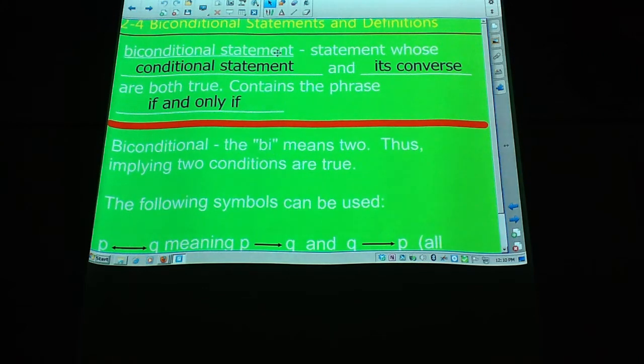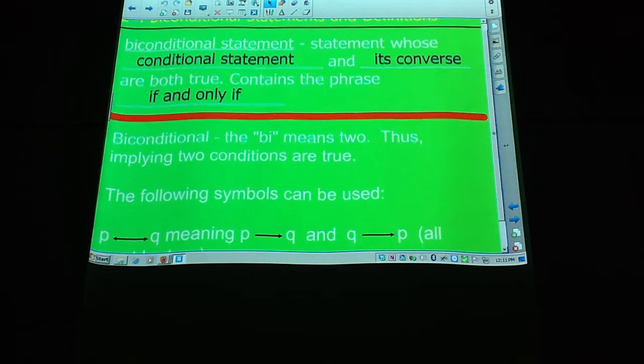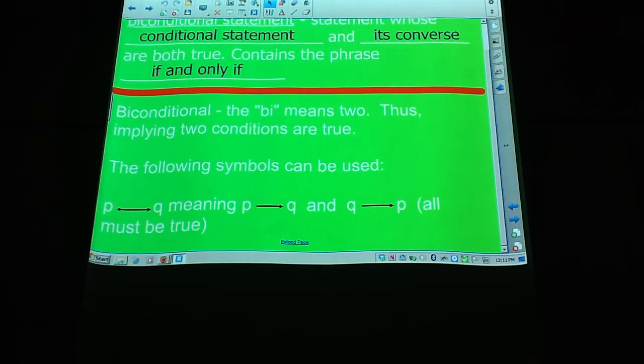So to be biconditional, both the conditional statement and its converse must be true, and then we can write it as an if and only if statement. I think we'll have some examples here on the next page. But first, let's go ahead and talk about the word bi, meaning two, thus implying two conditionals are true, which would mean that the conditional statement and its converse are true.